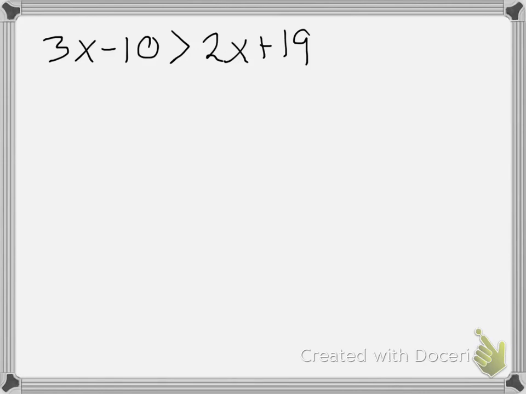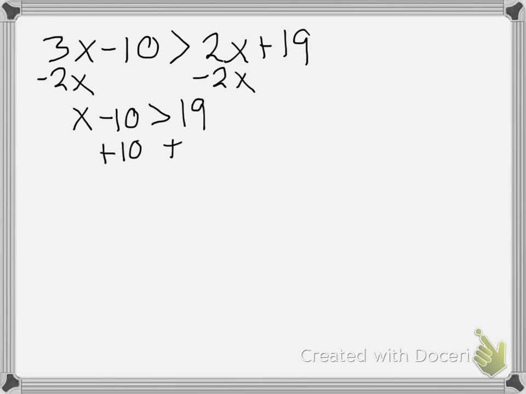So let's subtract 2x. Okay, so we have x minus 10 is greater than 19. Now let's move that 10 to the other side. We have x is greater than 29. That's not too bad, right?